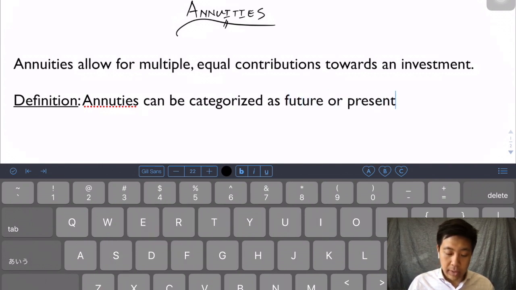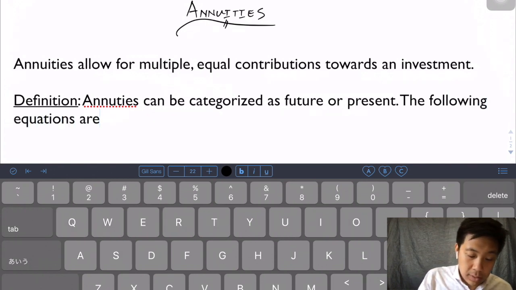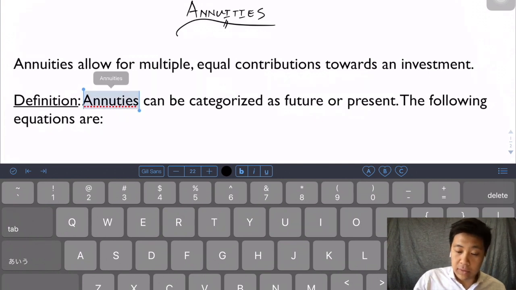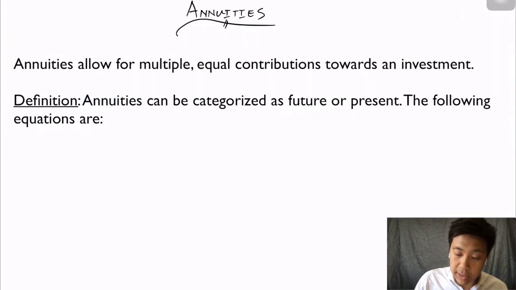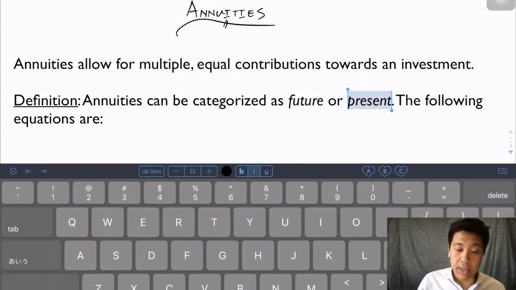The following equations are, okay, and future will italicize here, and present will italicize since we're going to acknowledge that.